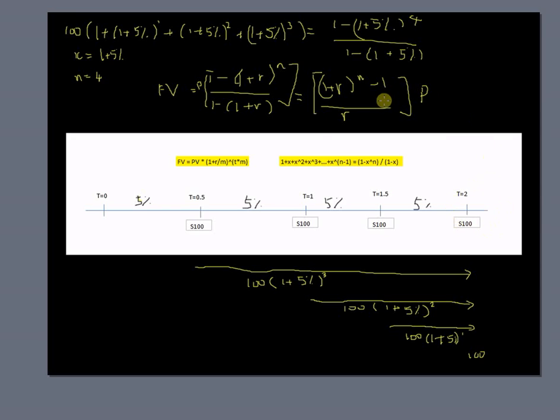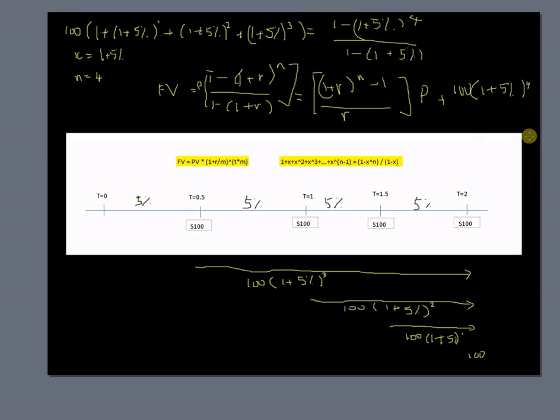So for example, in the first example, where I say that there's a first cash flow as at t equals 0, just simply add the future value of the cash flow as at t equals 0. Simply $100 times 1 plus 5% to the power of 4. So this is an example where there's a cash flow at the first period.